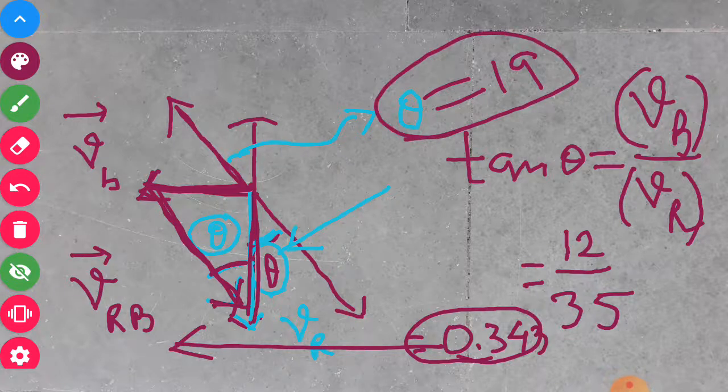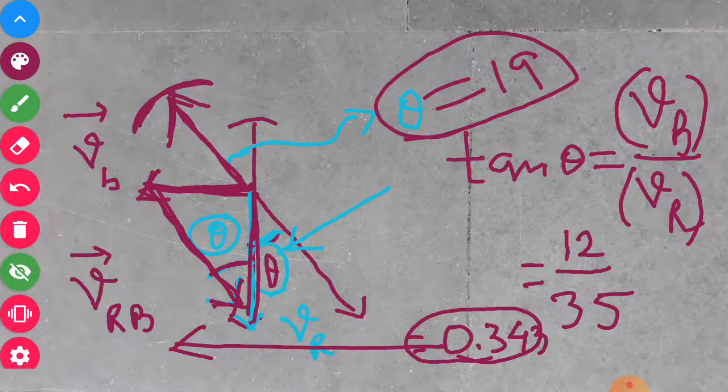So she should hold her umbrella at an angle of about 19 degrees with the vertical towards the west. Towards the west means in this direction she should hold the umbrella, because she is moving from east to west, therefore the umbrella must be in this particular direction towards the west.